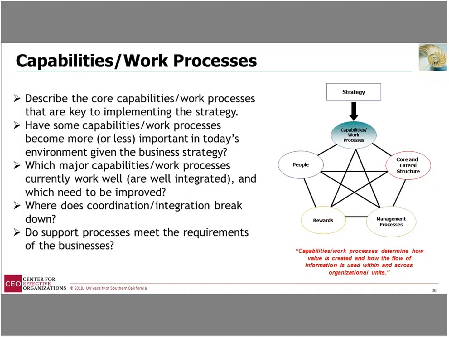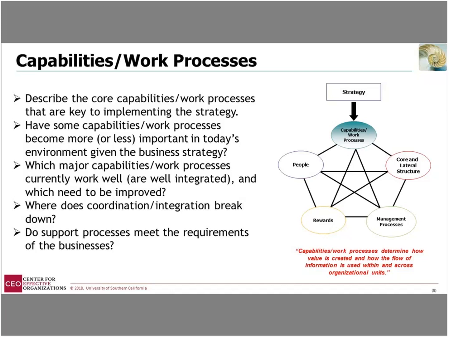Sitting at the top of the STAR itself is a set of work processes, and we put the word capabilities in there as well because a lot of organizations are talking about capabilities, and what this represents is the most important, the top 3 to 5 activities that the organization carries out to deliver value to customers.